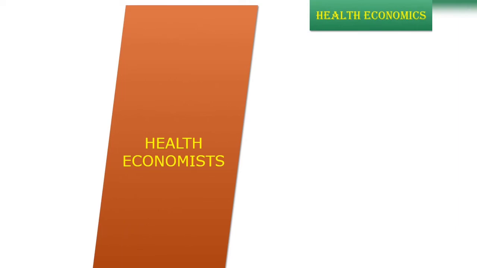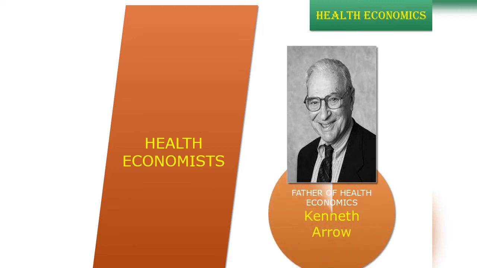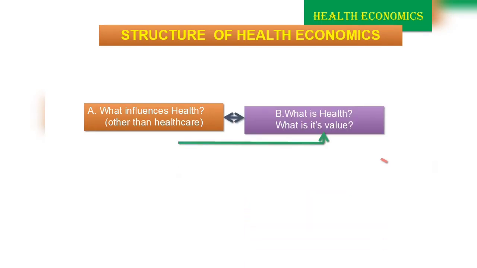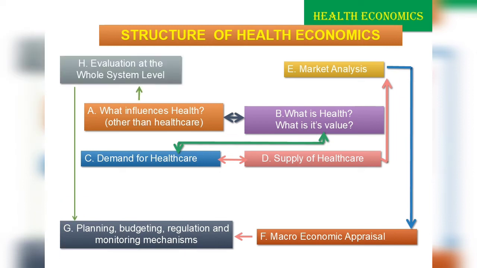Economist Kenneth Arrow is the father of health economics. He is often credited with giving rise to health economics as a discipline. The structure of health economics is neatly encapsulated by Alan Williams, a British economist, using a plumbing diagram.